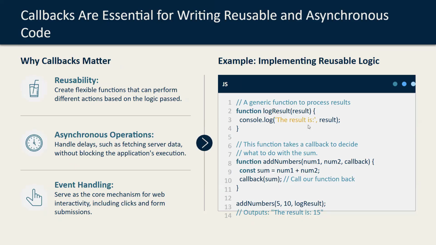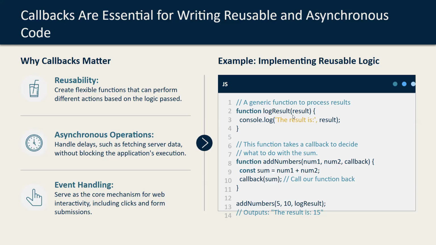Now let's try to understand why callbacks matter. So the first thing that always comes to mind is reusability. Callbacks let you create flexible decision functions that can perform different actions depending on the logic that you pass in. Another reason why callbacks matter is to execute asynchronous operations.